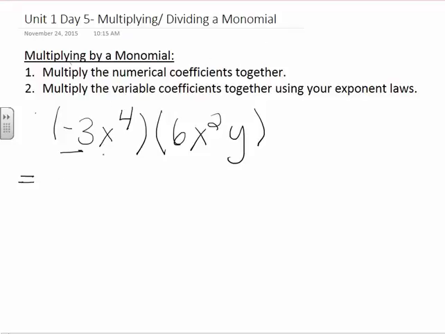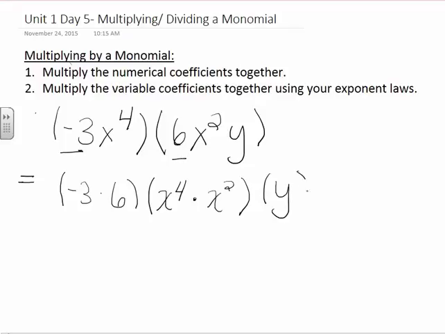First we multiply the numerical coefficients together, so the negative 3 and 6. Then we multiply our variable coefficients together, so we group them in like terms. So x to the 4 times x to the 2, and then we'll keep our y's together.